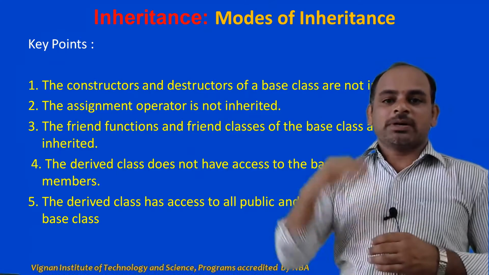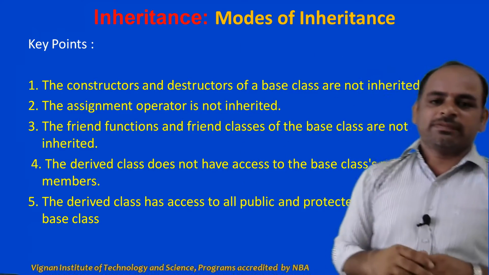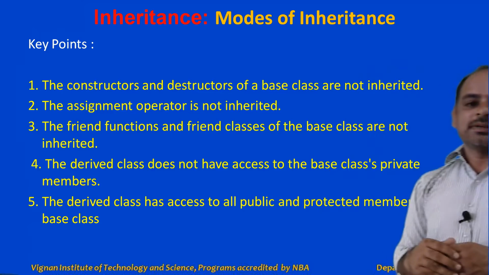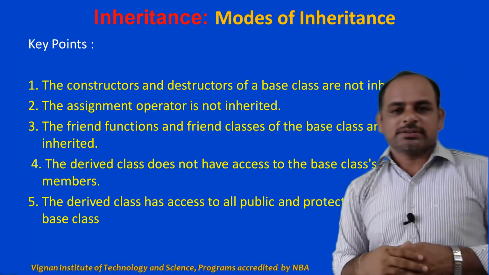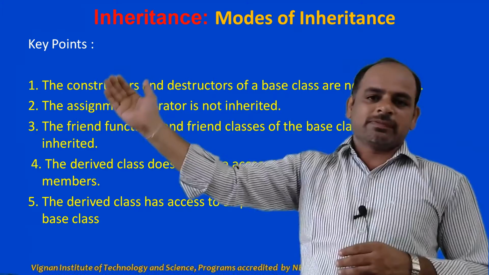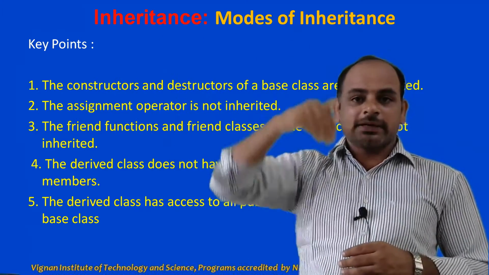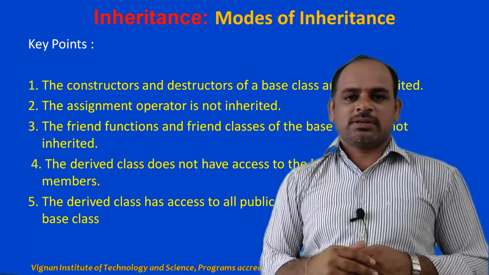Next, assignment operators are also not inherited into the derived class. Friend functions and friend classes of the base class are also not inherited. Suppose we have a base class with friend classes or friend functions. Those are also not inherited in its derived class, right?